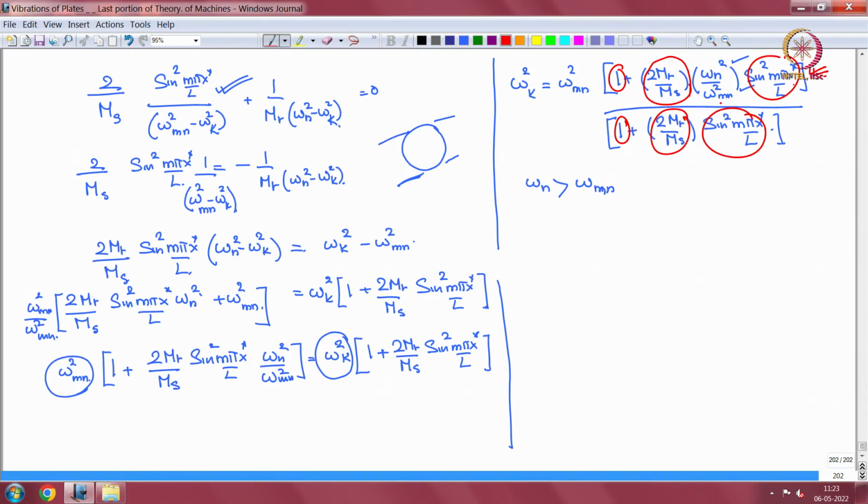So that means this is multiplied by something bigger than 1. So omega k is bigger than omega mn. So omega n is higher than omega mn, so it will pull up the natural frequency.